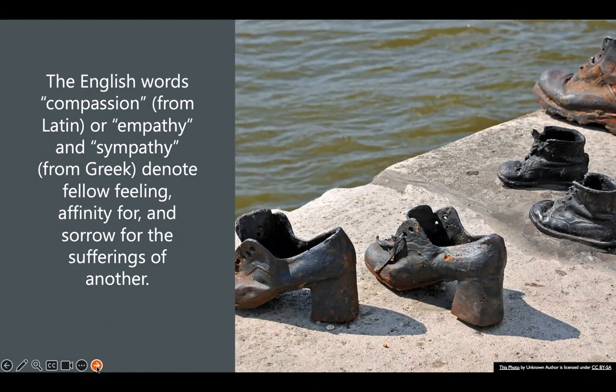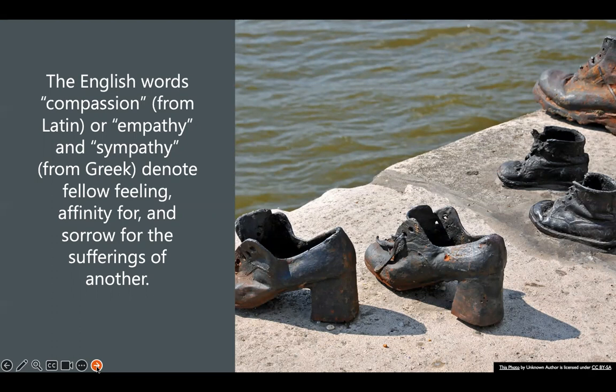I love this photo of a lot of shoes, metal steel shoes, which are put on the shores or banks of the river Danube. It symbolizes how during World War II, Nazi soldiers forced Jews to jump off the river to drown or to be shot dead if they did not do so.